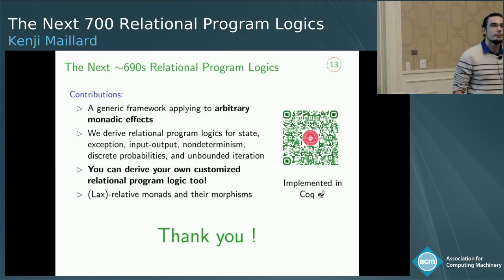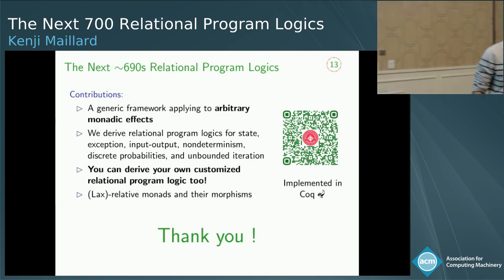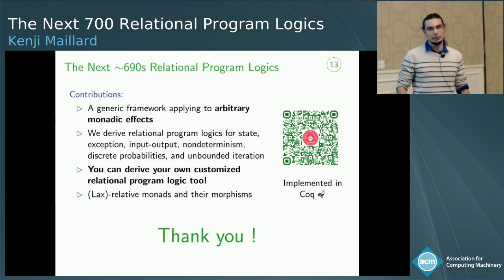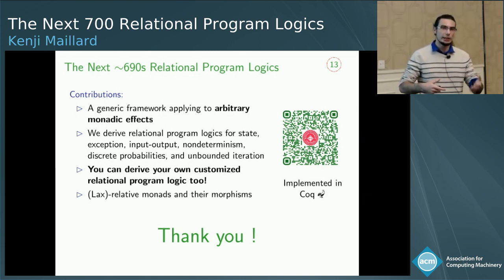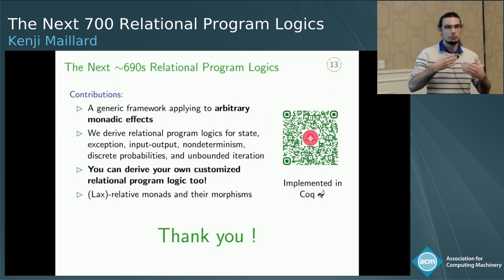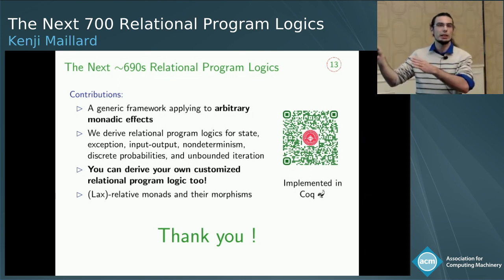Can your framework also handle these so-called asynchronous rules? Asynchronous rules, yeah, of course. The idea is that for each operation that you want to interpret, asynchronous rules for generic monadic things are just derived from the monadic equations that you have on your monads, meaning that you can derive them out of the rules that I gave you.